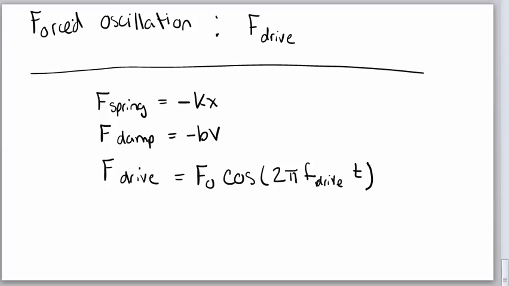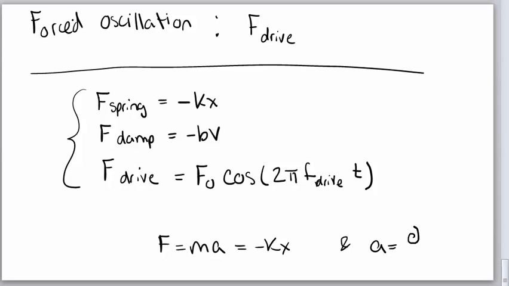So these are the three forces that come into play, and of course they must all follow Newton's laws. F is equal to ma, which is equal to minus kx, and a is equal to the second derivative with respect to time.